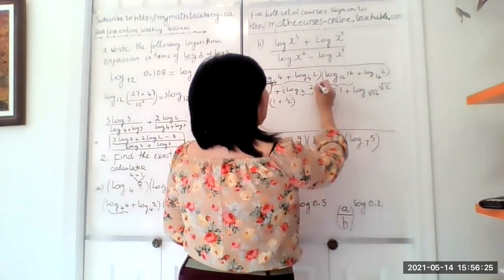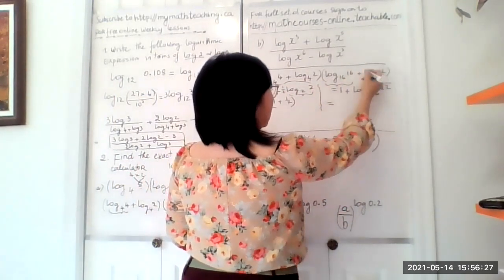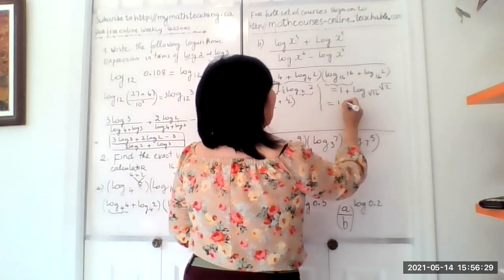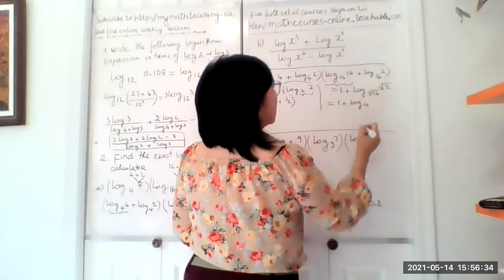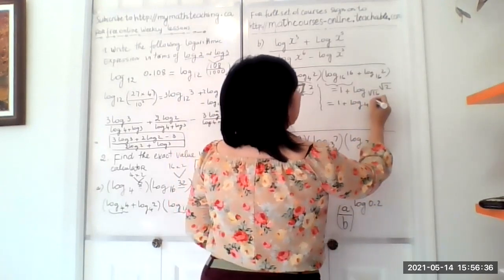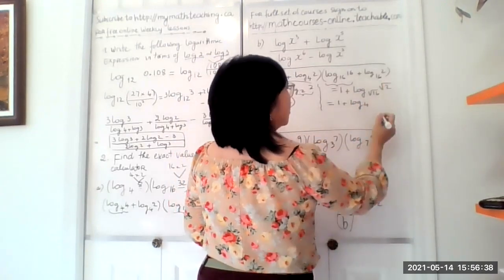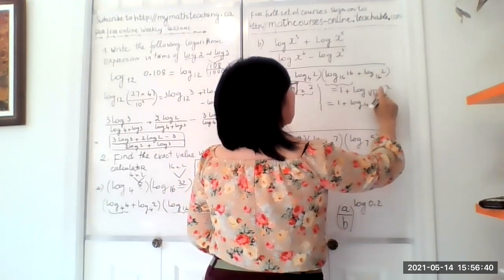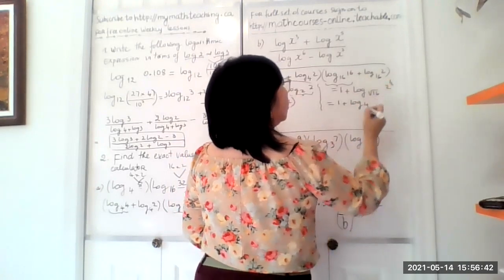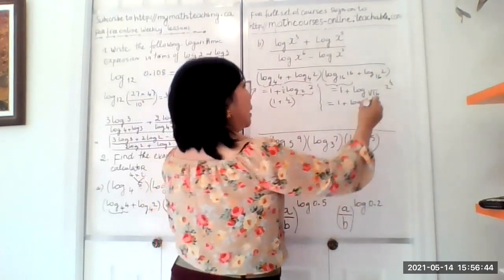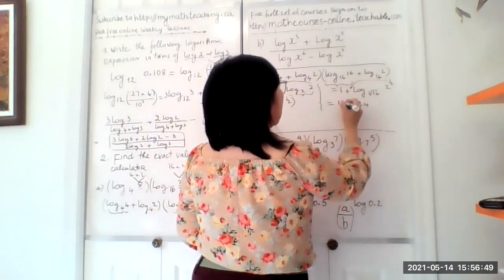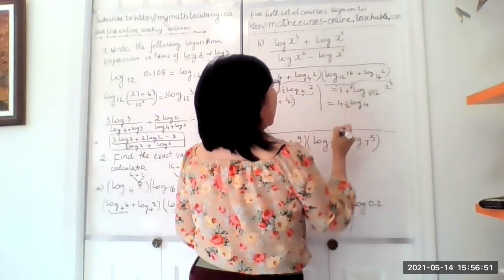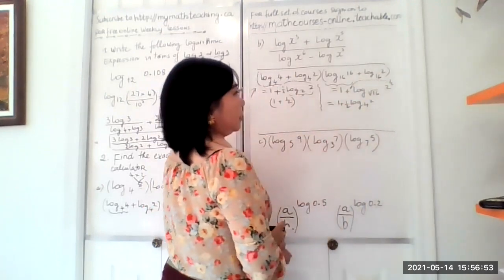So this second bracket will become 1 adding with square root of 16 is 4. And instead of writing square root of 2, I can change this to 2 to the power 1/2 on the top. And doing like this, I can bring this 1/2 in front of this number. So I will have 1/2, and this is just that.